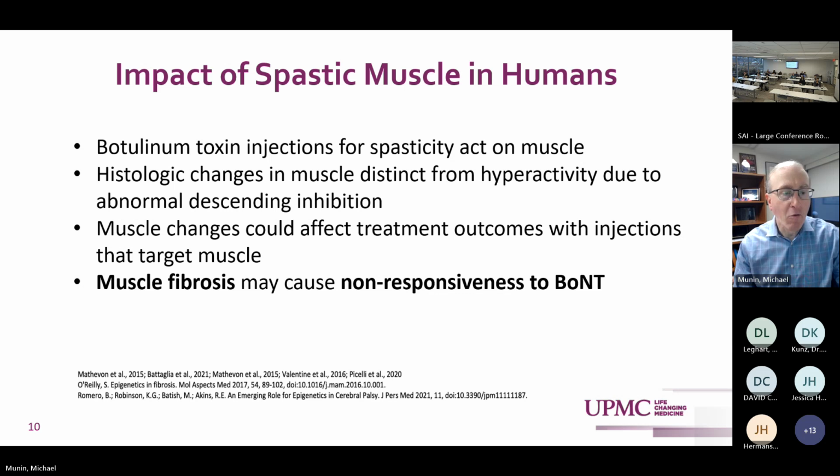And these muscle changes could affect treatment outcomes with our injections, namely botulinum toxin injections, that target muscle. It turns out that muscle fibrosis may be an unrecognized, or not a highly recognized, cause of why we see non-responsiveness to botulinum neurotoxin injections, abbreviated as BoNT.